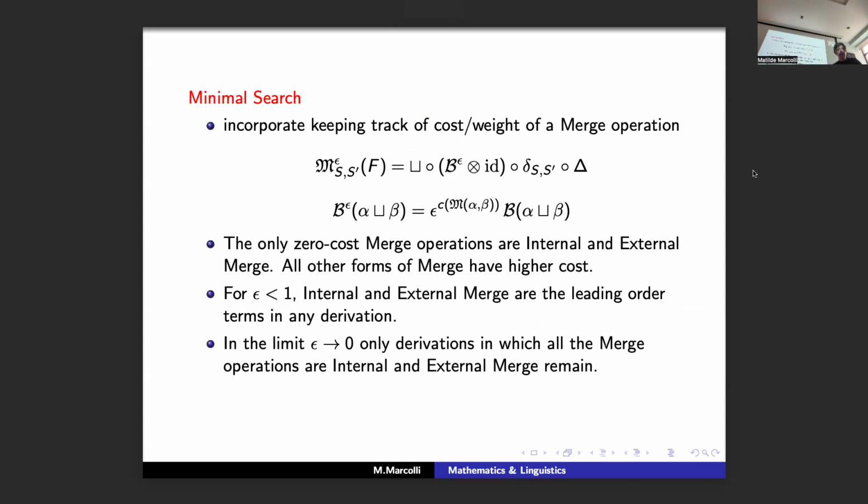If you make this choice, then it turns out that the only two operations that are actually zero cost with respect to this cost function are external and internal merge, and the other sideward merge operations have a higher cost. Which means that if you have all the terms weighted by this parameter epsilon to some power, then in the limit as epsilon goes to zero, only internal and external merge remain, and all the other terms disappear.